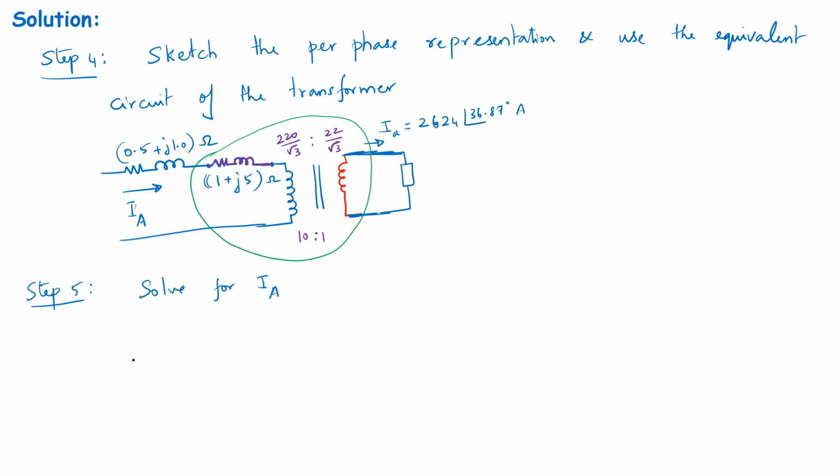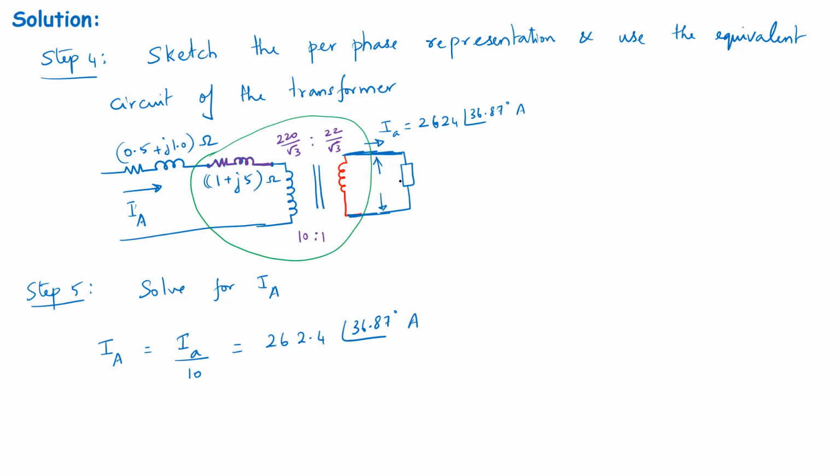IA is equal to IA divided by the turns ratio, which is 10, which is 262.4 at an angle of 36.87 degrees. So current will be 1/10 on the high voltage side, whereas the voltage will be 10 times. Okay. So this voltage is 22 divided by root 3 is the voltage that is appearing here.